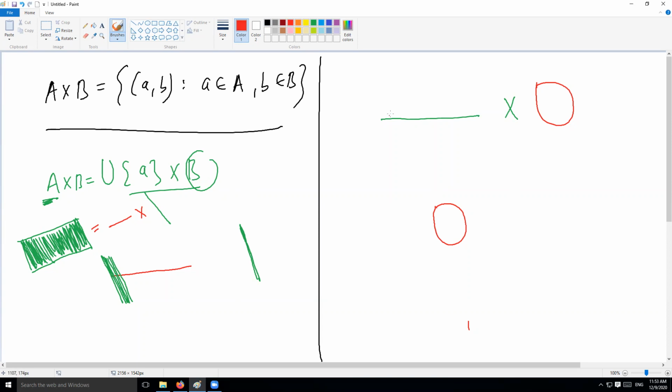For example, to this point attach a copy of a circle, to the next point attach a copy of a circle, and to the next point attach a copy of a circle. So to every point you are attaching a copy of the same circle with the same size. What do you think you're going to get?